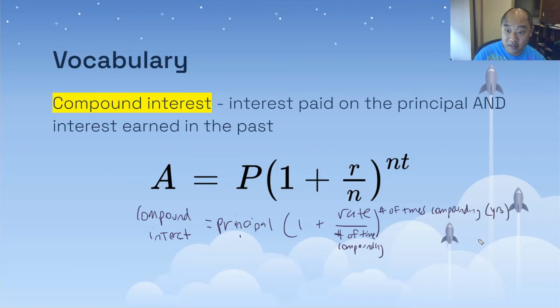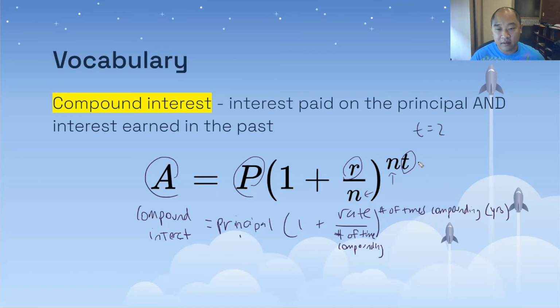Okay, so what does this mean? The thing that's different now is that we have this number of times compounding, right? Whereas before, we had the number of years, we had the rate, we had the principal, we had the interest earned, but now we have this new variable, right? So let's say that your loan is for 2 years. Well, then the T would be 2.